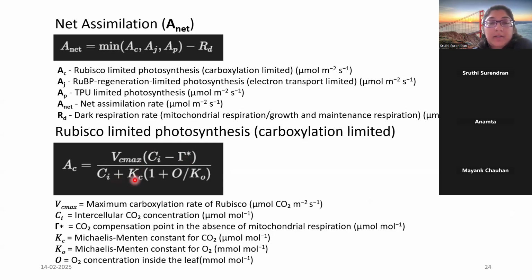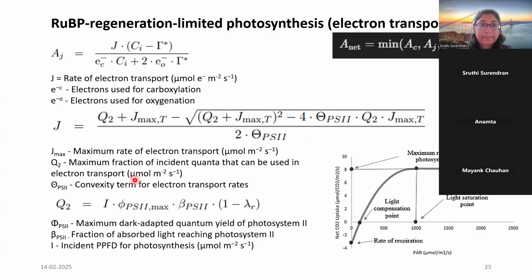Ko is the Michaelis-Menten constant for oxygen. So these constants are giving us an idea about the concentration of carbon dioxide and oxygen. This is how the Rubisco limited photosynthetic rate is simulated. We are familiar with this value of Ac from the Biochrome model, where the module FPCB is predicting these values.